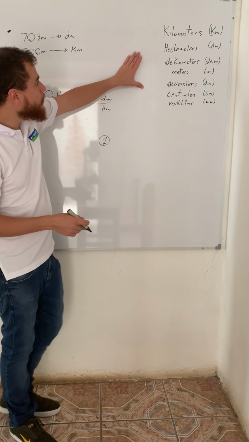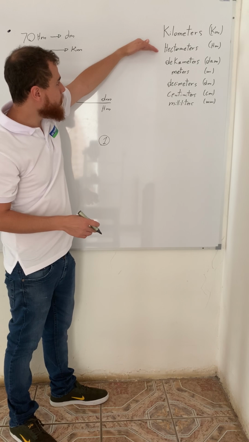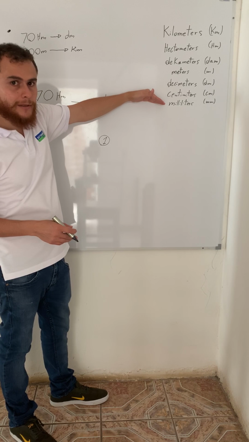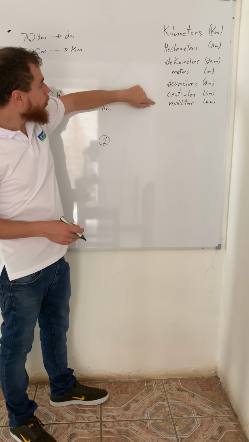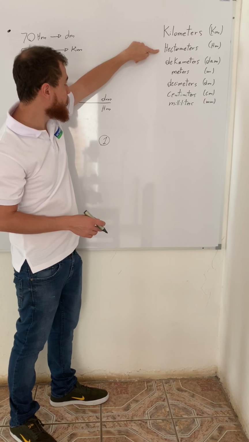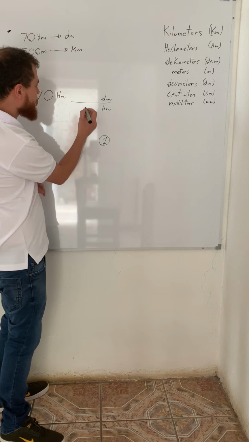So I'm going to go to my scale that we know from school. So we have kilometers, hectometers, decameters, meters, decimeters, centimeters, and millimeters. I know that hectometers is the bigger one because it's more to the top. So here, I'm going to place a 1.